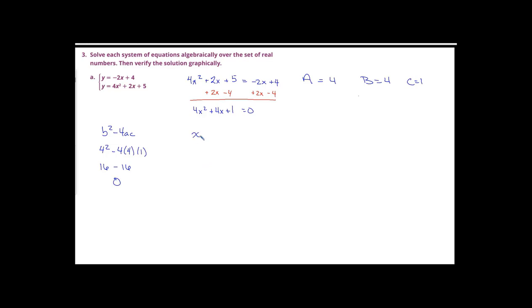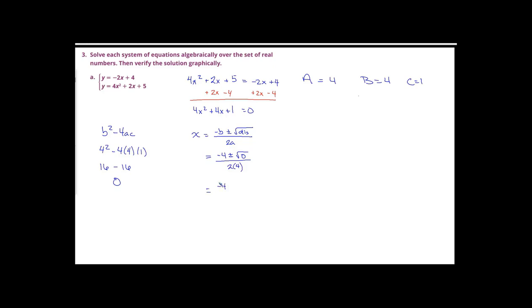Now I'm going to plug it into the rest of the quadratic formula. So x equals negative b plus or minus the square root of my discriminant, all divided by 2a. Opposite of b is negative 4 plus or minus the square root of 0, all divided by 2 times my a, which is 4.